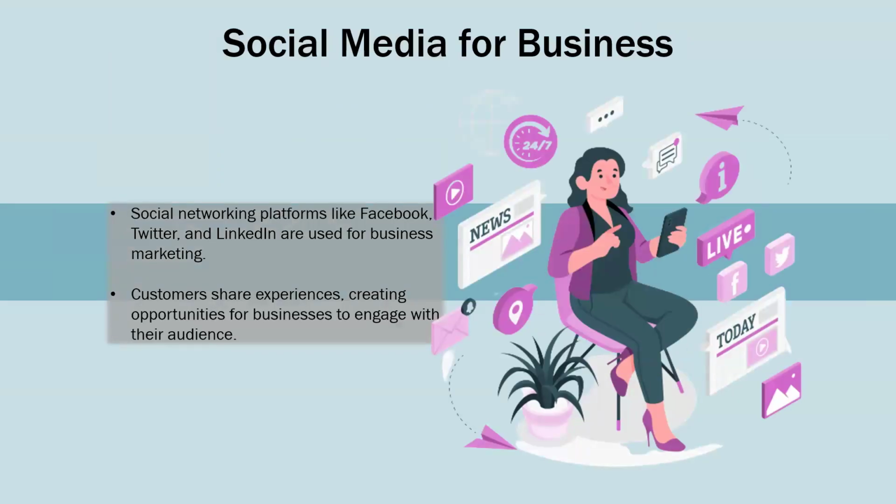Now let's look at social media for business. So now we are also seeing social network platforms like Facebook, Twitter, which is now called X, and LinkedIn, which are used for business marketing, right? Customers now are free to share experiences. They can create opportunities for business to engage with their audience.